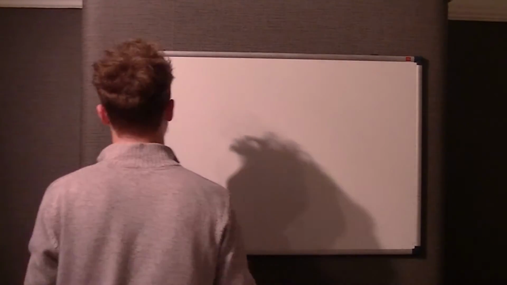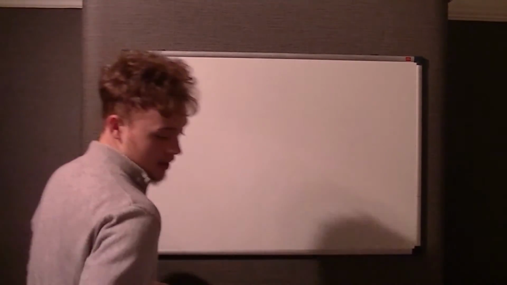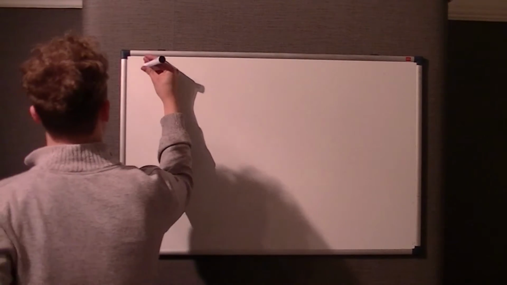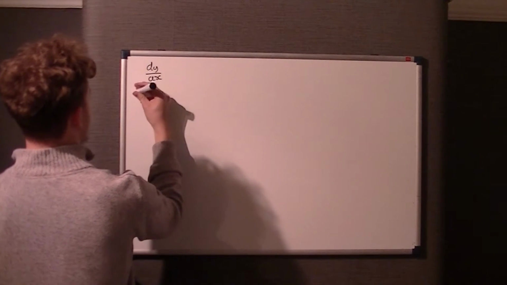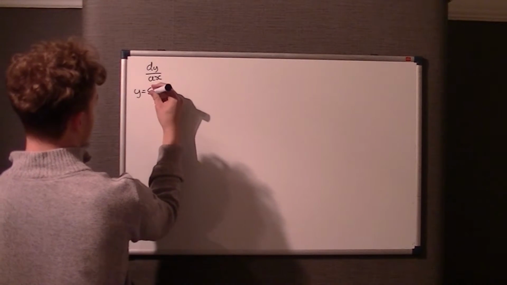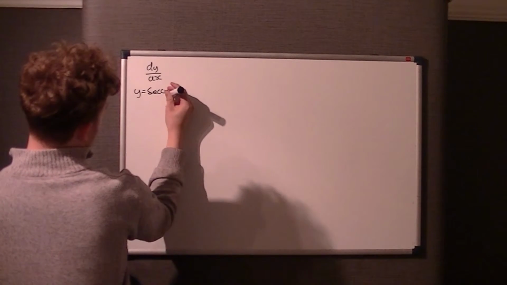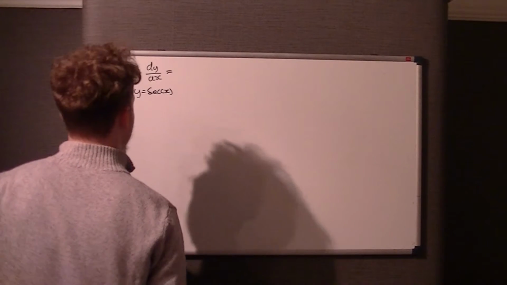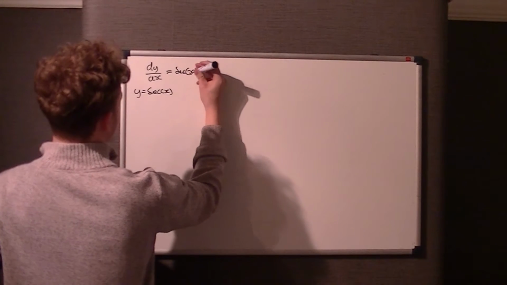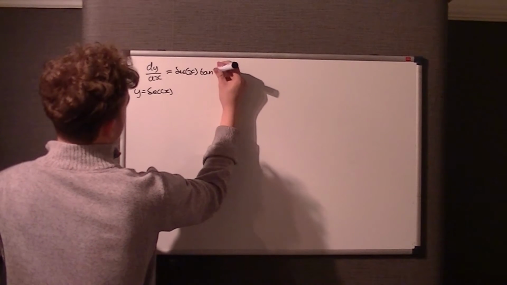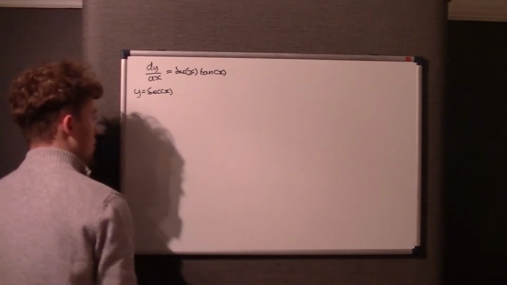So what we worked out essentially was that the differential of sec x is sec x tan x. So dy dx, assuming that y is equal to sec x, is sec x tan x. Now, they wouldn't have asked to do that without a proper reason.